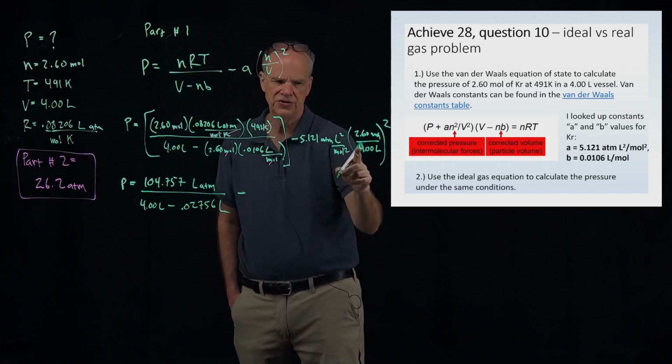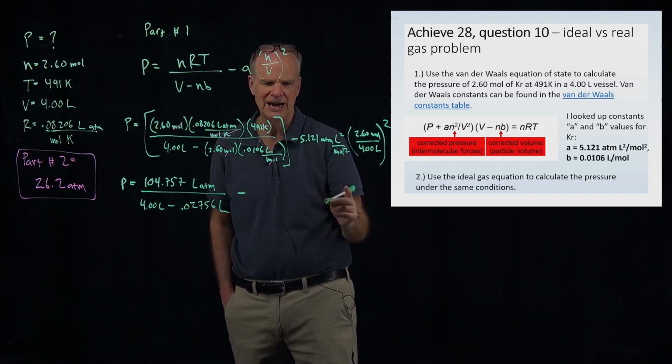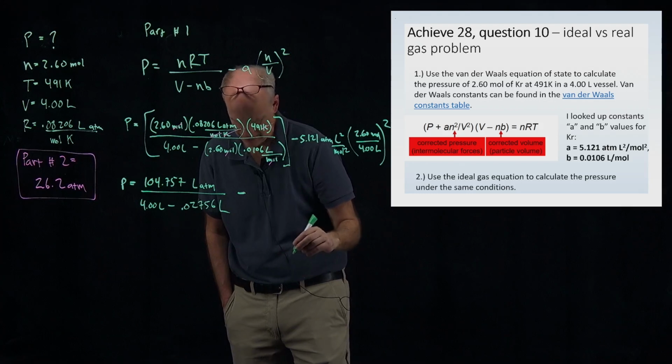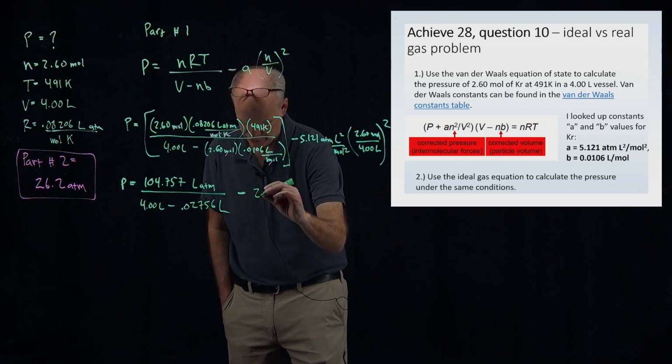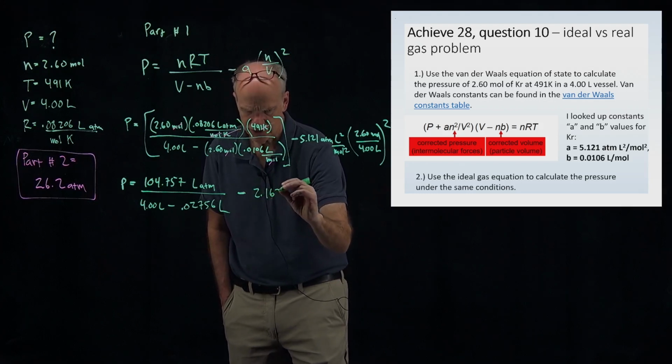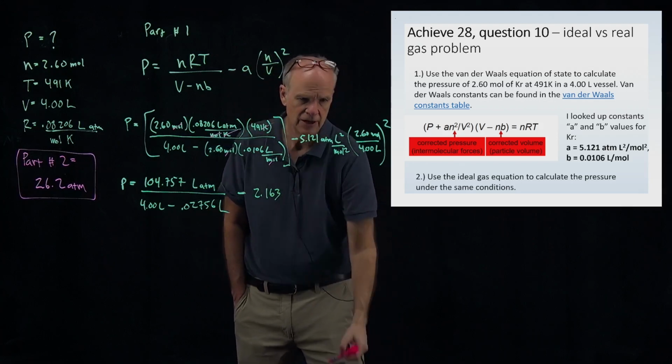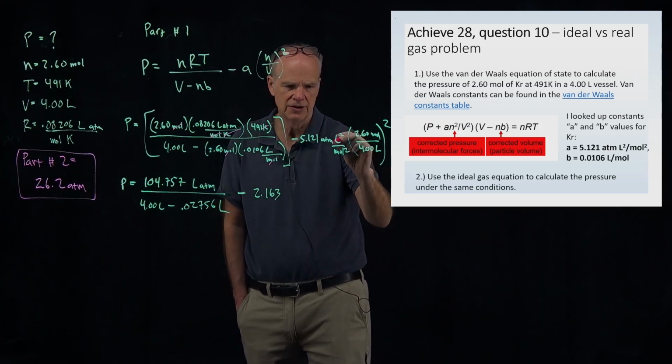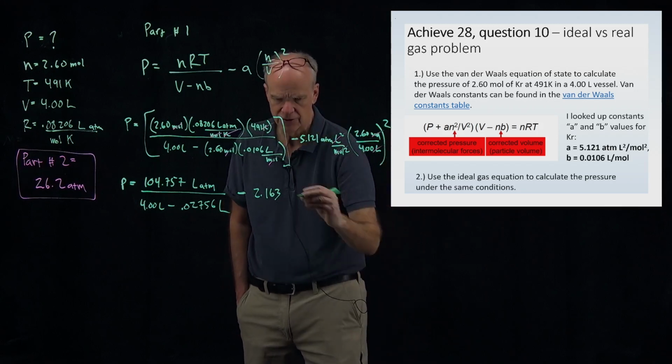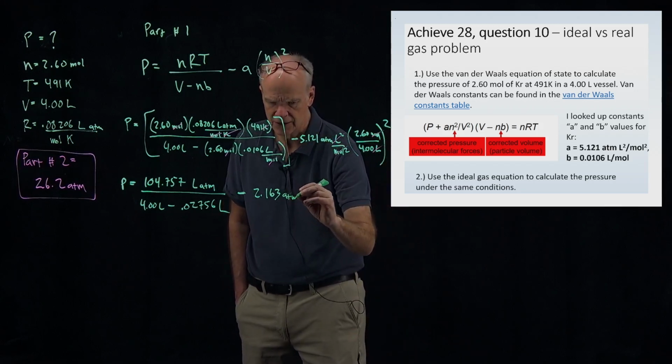Then we're going to work on this term here, and what I got when it was all said and done, I got 2.163 here. And so here it looks like all the units cancel out except for atmospheres. So this is going to be atmospheres. Okay.